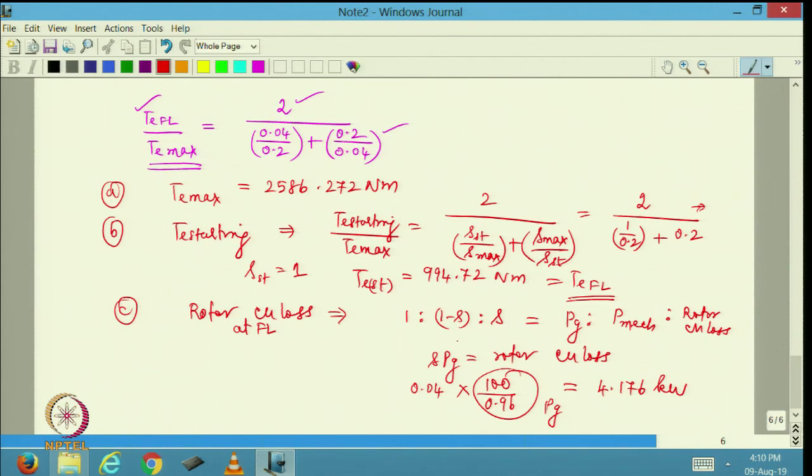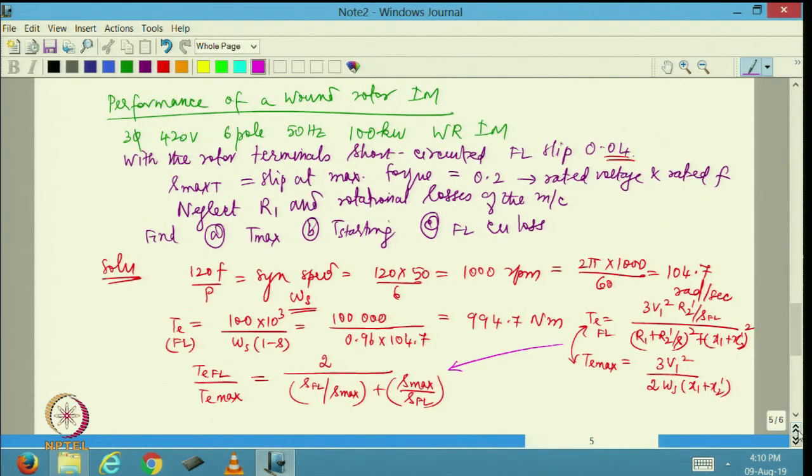Okay. So, this equation is a very, very important equation which we should remember all the time for the induction motor. Similarly, this is another important equation, whatever is the condition at which we are talking about the slip, and one more important equation which we normally talk about is this, corresponding to maximum torque.